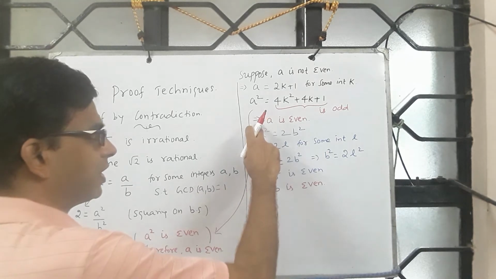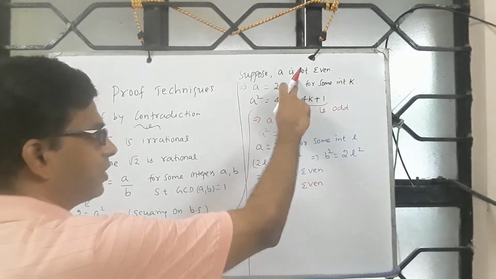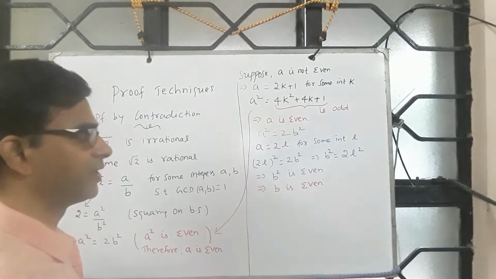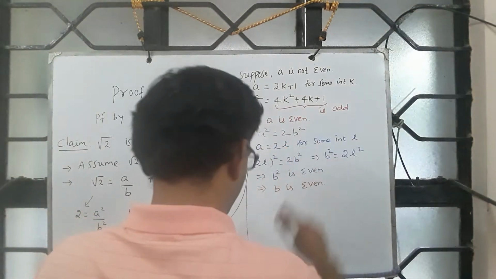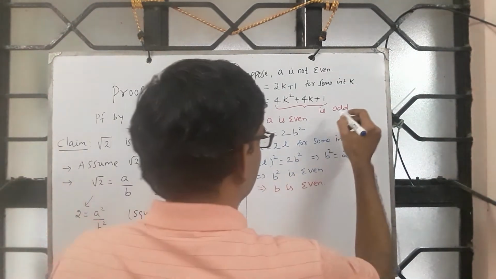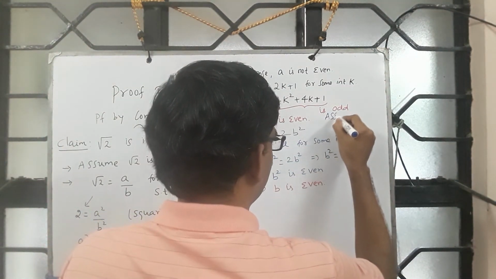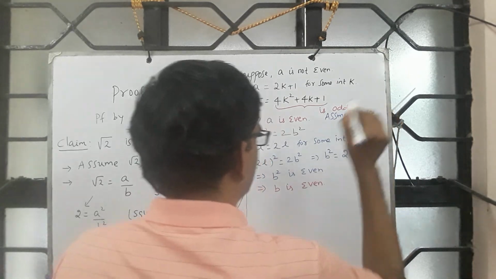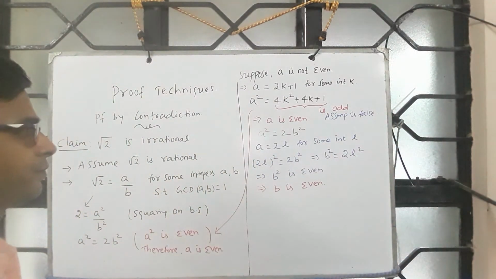And therefore, our assumption that it is not an even number is incorrect. So the assumption is false. Therefore, a is even.